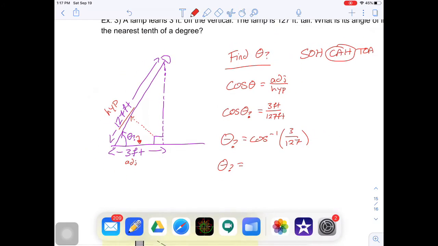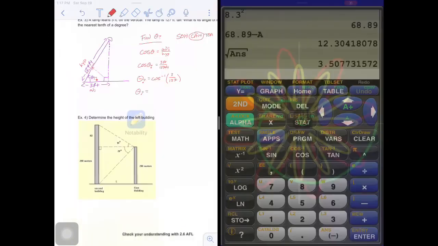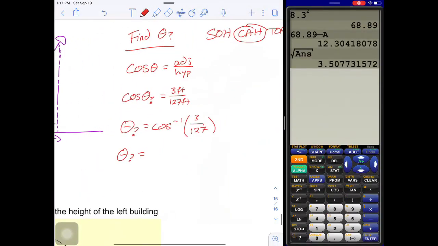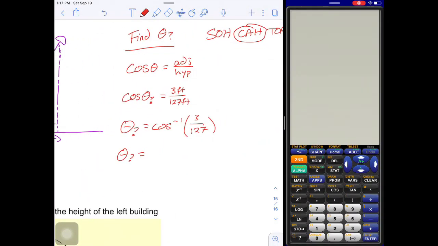So let's pull out our calculator here. And let's plug her in. So I'm going to press second cos. So now I have inverse cos, okay, 3 over 127.